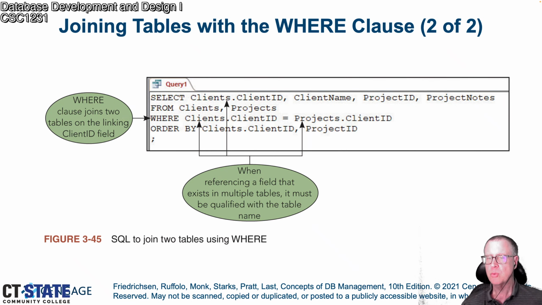And then we're ordering by two things. We're ordering by clients.clientID. Again, we have to disambiguate which client ID we mean because both tables have client ID on them. So we just do that by prefixing client ID with clients dot, and then the secondary sorting is done by project ID.